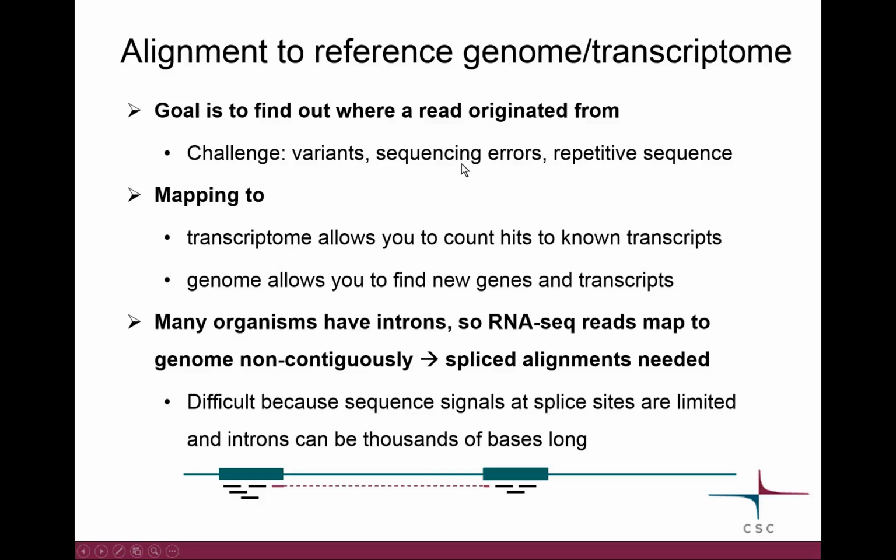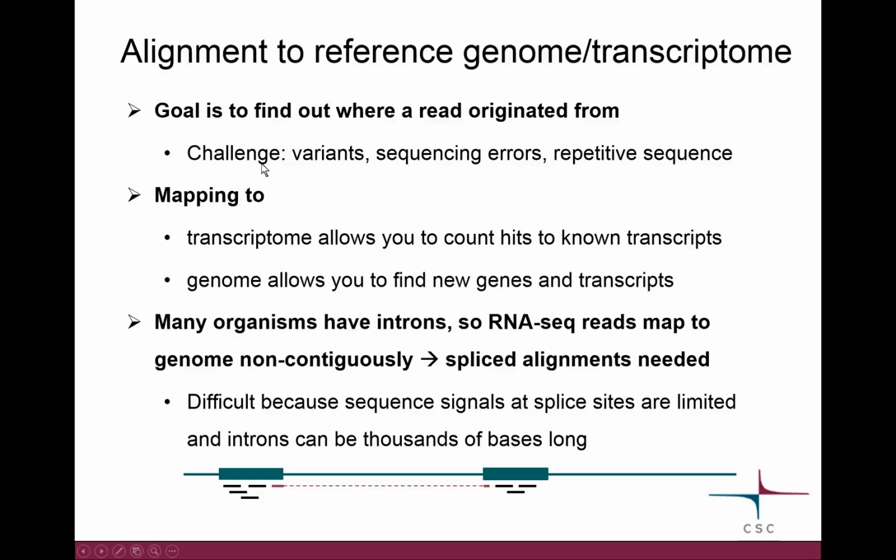On the other hand, also the reads have sequencing errors in them. And then also in the genome, you have places which are not unique, meaning that the same sequences can appear in many parts of the genome. So when you're trying to place your read somewhere, and it comes from this sort of area, it's very difficult to say where it's really coming from.